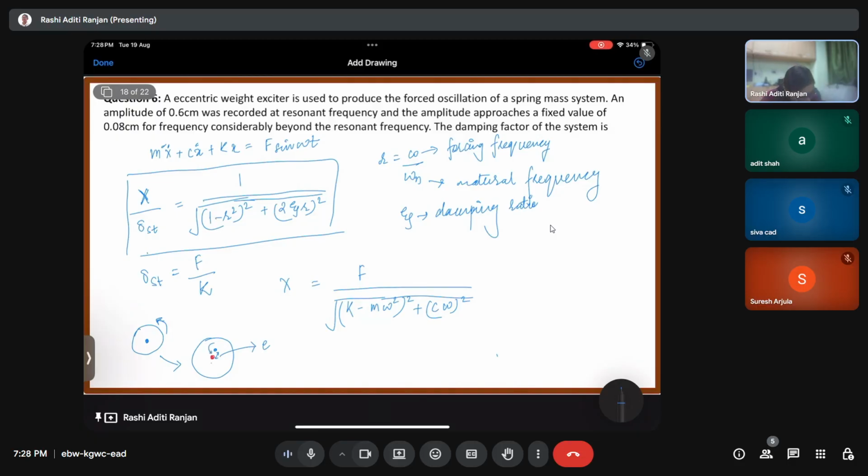More weight is over here than over here. So it is going to create some residual force when it is rotating, and that residual force is going to cause oscillations to the system. How do we now write this? Let us say here is some mass, and then we are going to have some force. We know m omega square r is the force, which is defined as the centrifugal force for a system which is rotating.